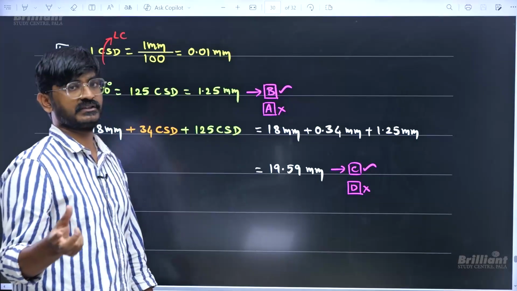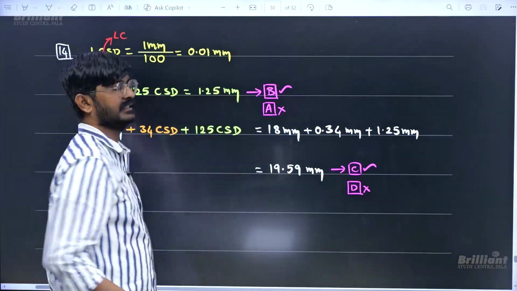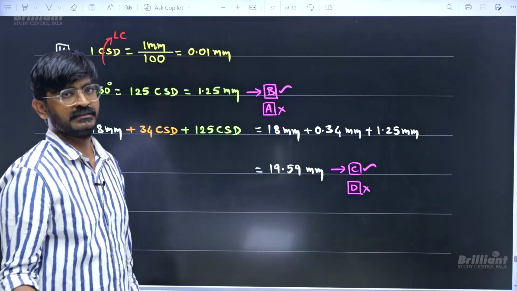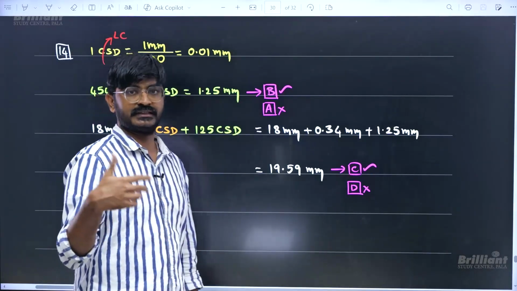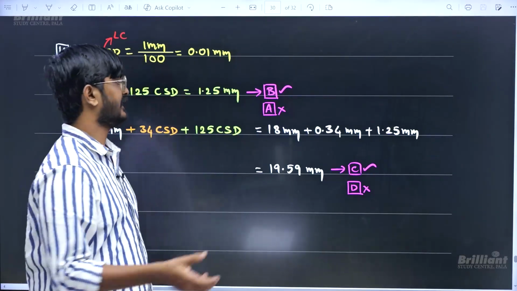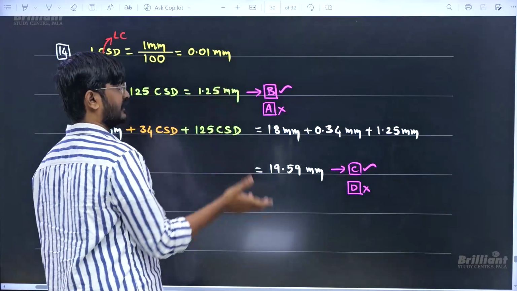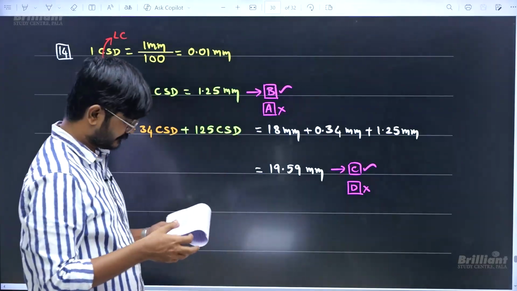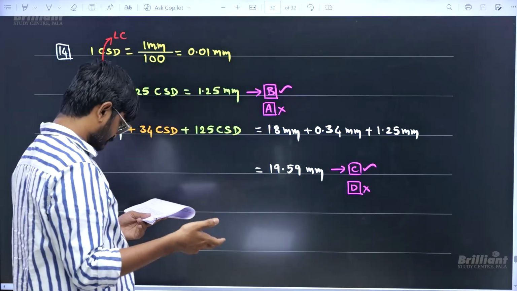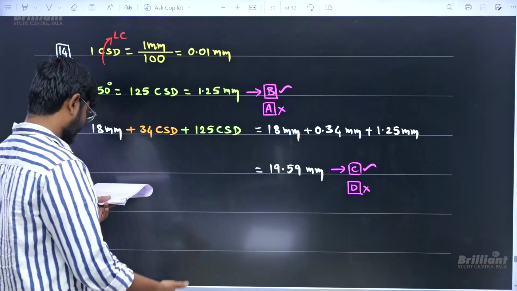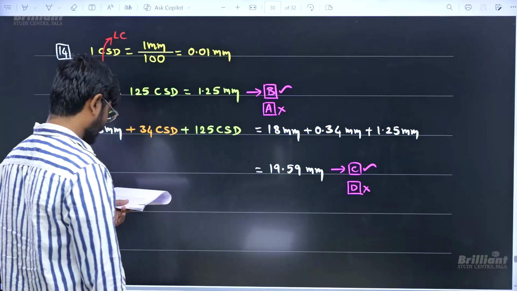So when I put an object of length this much, it is going to show me 0 reading. If I want to tell the correct value of it, I should be adding this factor. So negative error, and we will be adding the positive correction. Then you started rotating, and it is between the 18th and 19th division of the main scale.